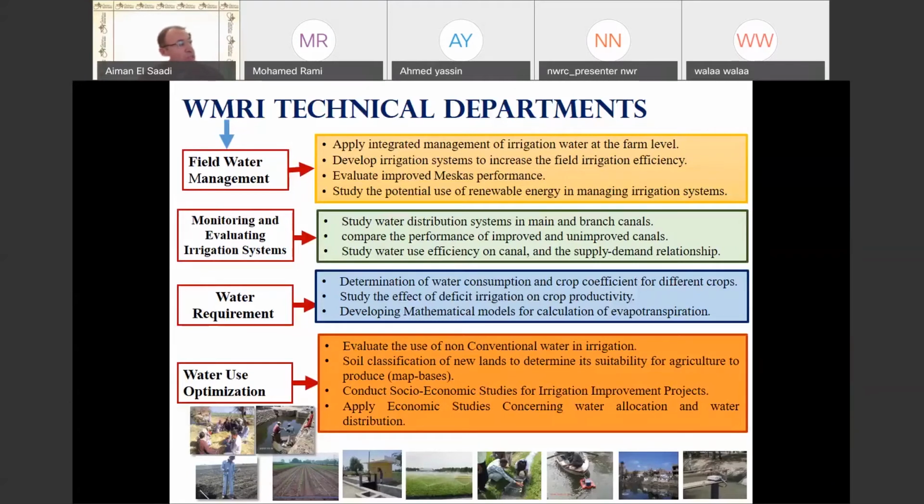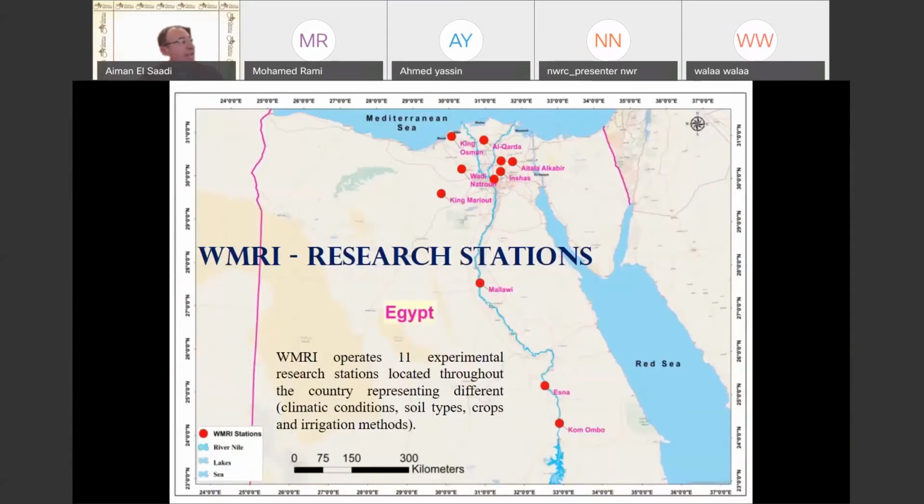Mainly, once we introduce any innovation as we are going to introduce, either to the ministry to apply or even to the farmer, we need to give them a complete economic study to help to sustain such innovations. The institute have 11 workstations and technical research distributed along the country to represent different climate change.